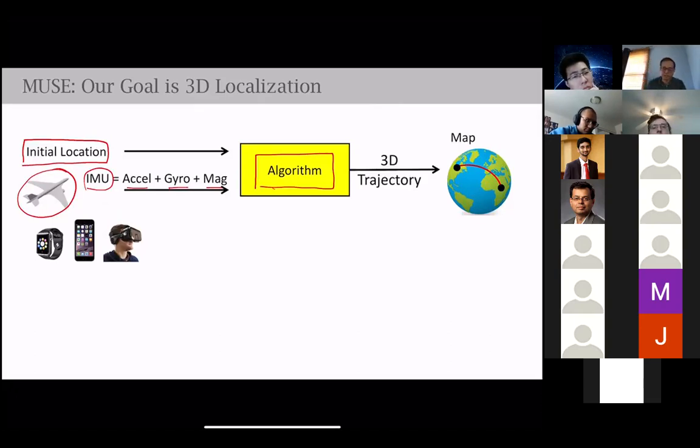Your goal is to design an algorithm, and the algorithm will output the plane's trajectory on the global map, on America's map. The plane is going to give you data from the IMU. You have to say the plane has taken off from Chicago. It's exactly on Lake Michigan right now. It's exactly taken a turn on Arlington Heights around Chicago. Now it's going over downtown Chicago. You have to tell me the plane's trajectory on the Earth's map. It's as simple as that.